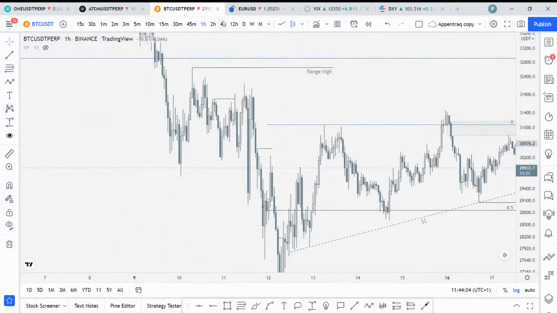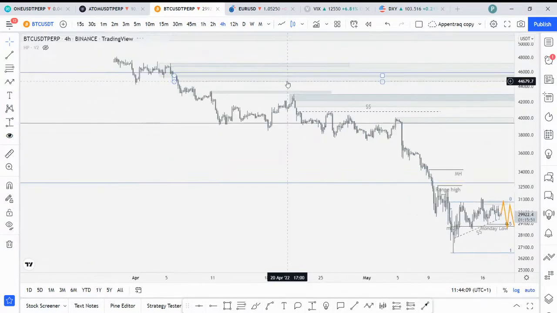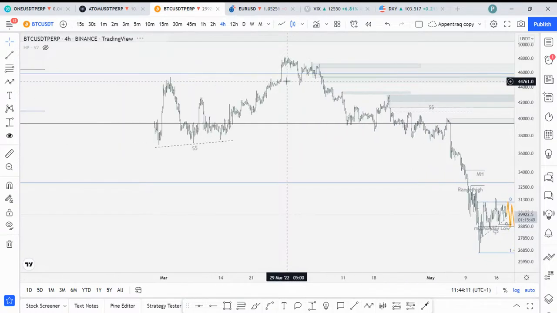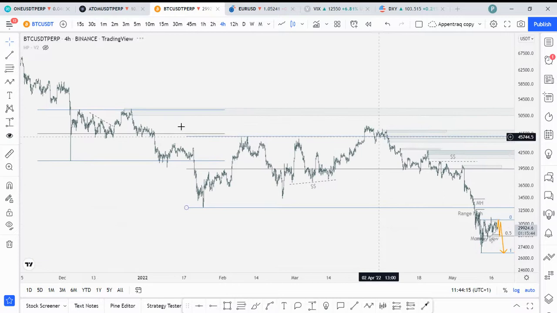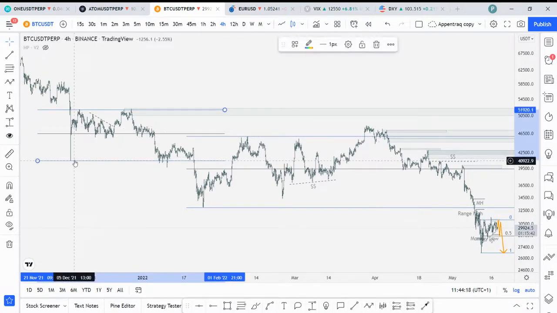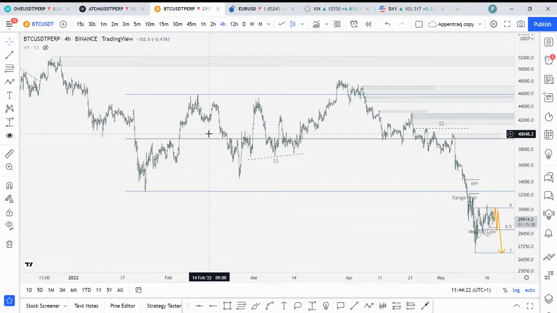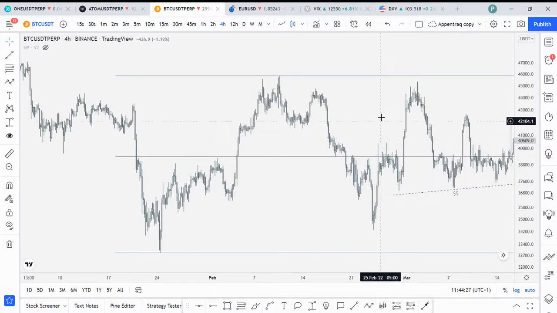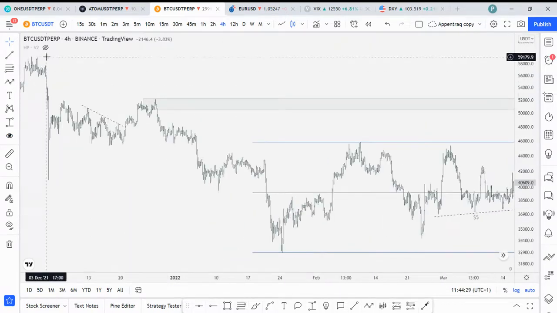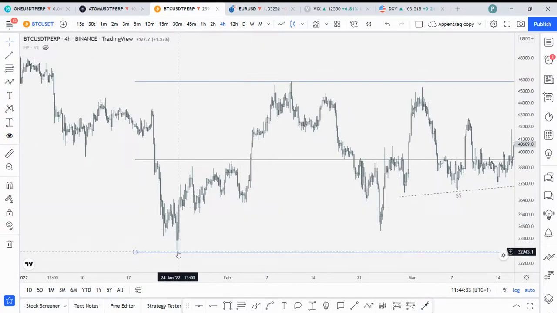Let me show you another example on BTC, 4-hour time frame. This is a range. Price is dropping aggressively and then forms a high, forms a low, forms a high.